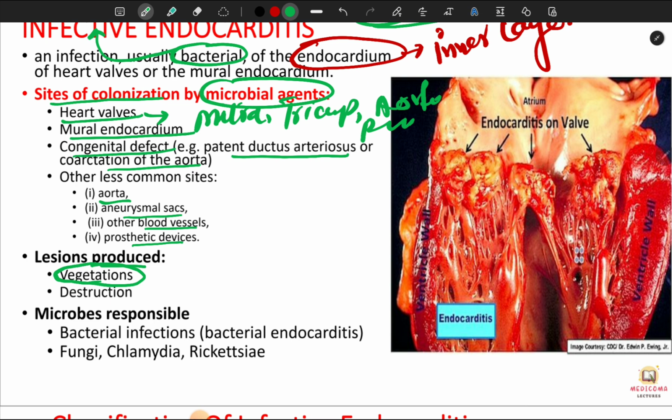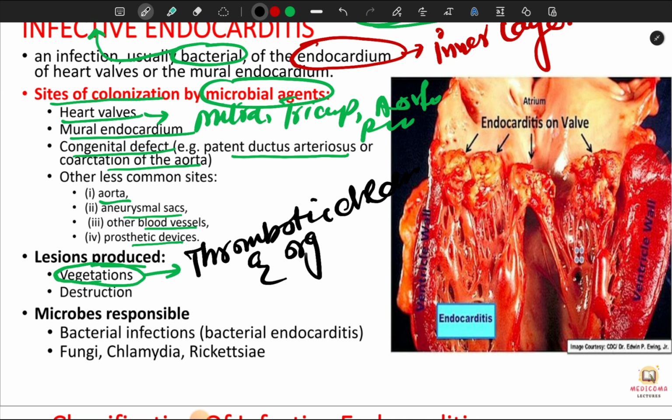They most importantly consist of thrombotic debris and the organism. And the other thing is the destruction of the wall: the underlying cardiac tissue where the vegetation is formed undergoes destruction. So these are the lesions produced in infective endocarditis.